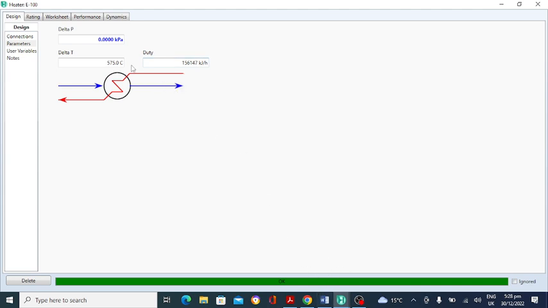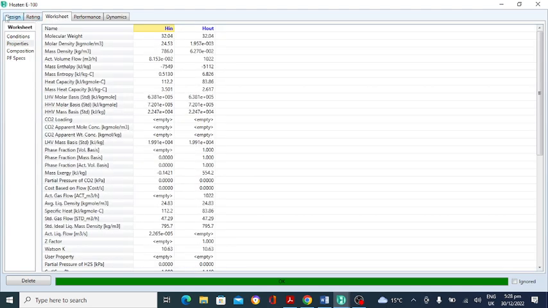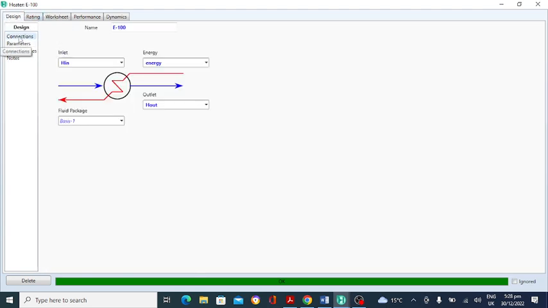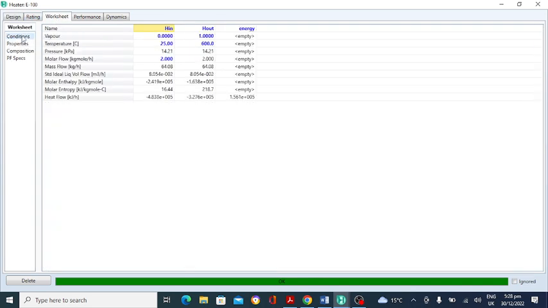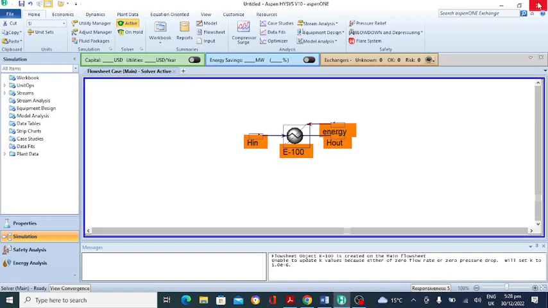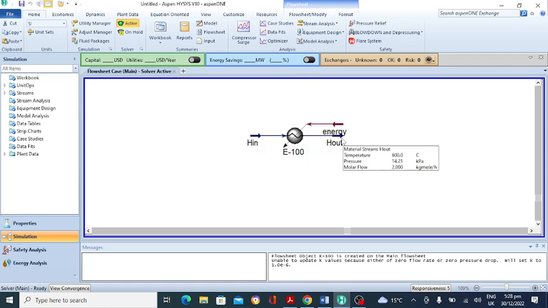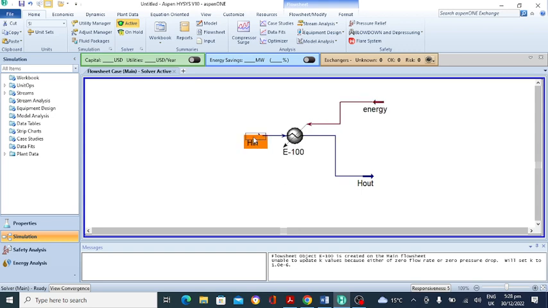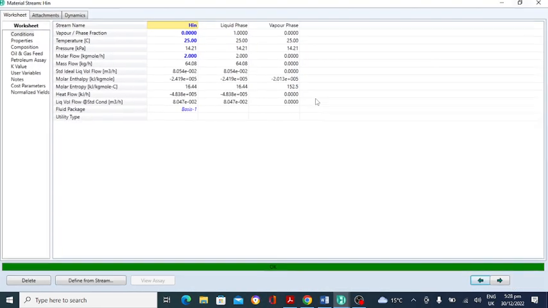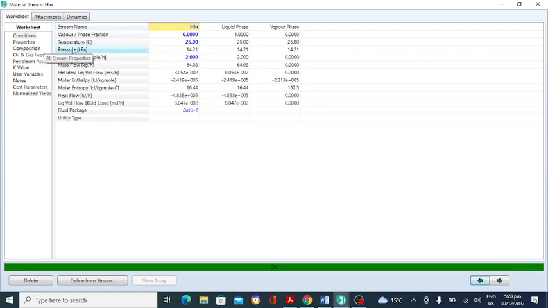Now if I'm changing this, this is the connection, and this is the rating. I'm going to the worksheet and go to the condition, and here the pressure is this one. Now I close this one. This is the heater, so this is okay. Now this is the heater inlet, and I'm changing the heater inlet temperature to 25, and this is okay.